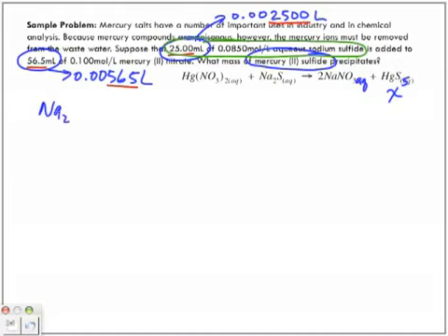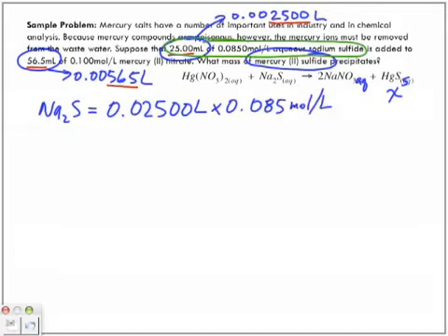We have the volume, which is 0.02500 liters, times 0.085 moles per liter. When we multiply those two out, we get 0.00212 moles. So that's the number of moles for sodium sulfide.